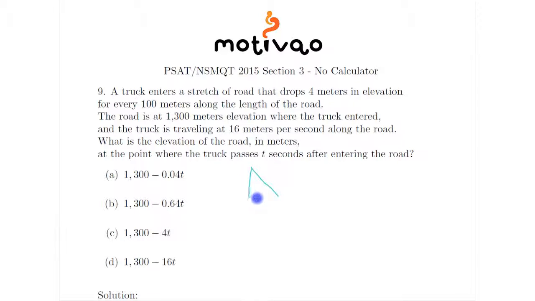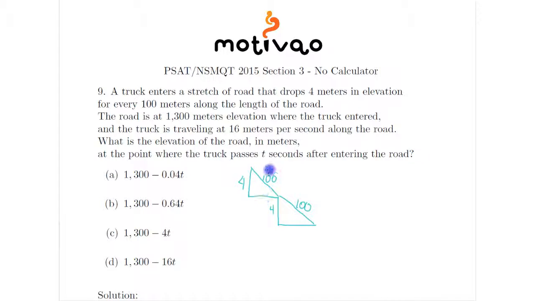Well, it looks like something like this, right? 100 here, and then 4 meters and 100. So every time the truck passes 100 meters, the elevation drops 4.